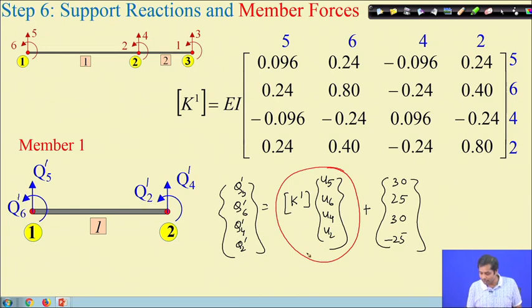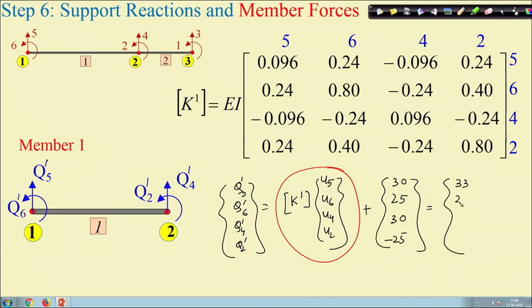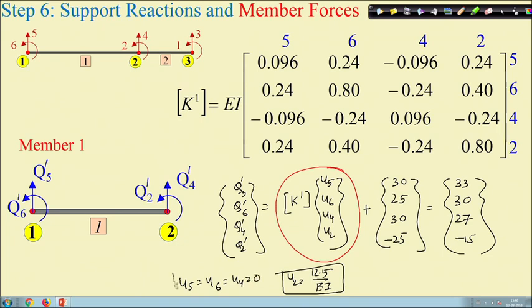If we substitute that in this expression, the final result will be 33, then again 30, then 27 and then minus 15.